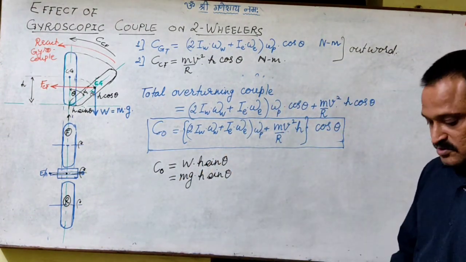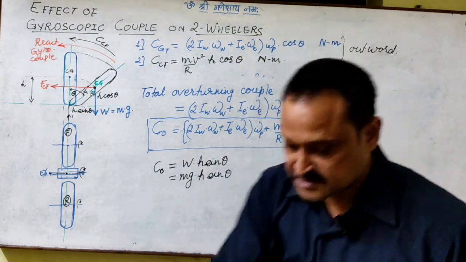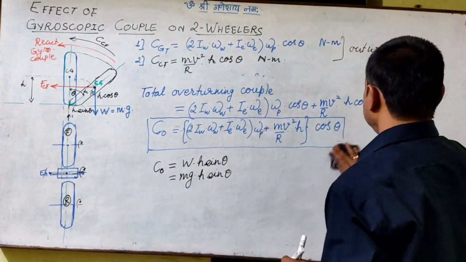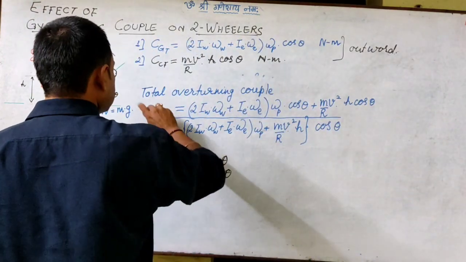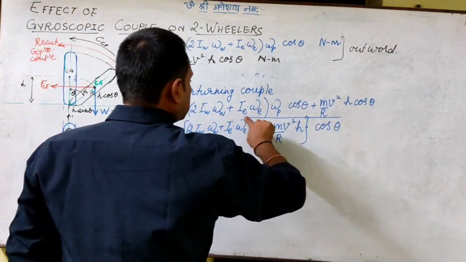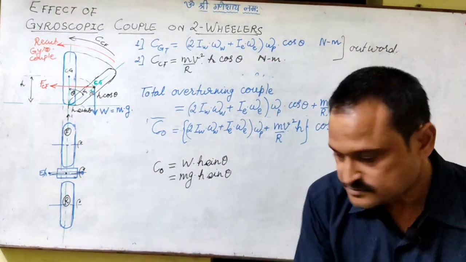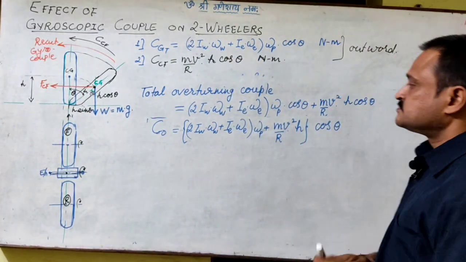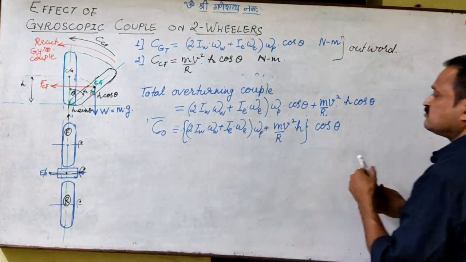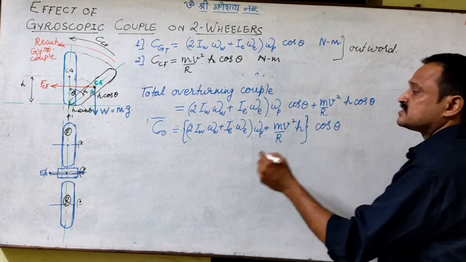So now I can equate this value with this equation. So we are equating, and when these two magnitudes are equal, then the condition will be stable.